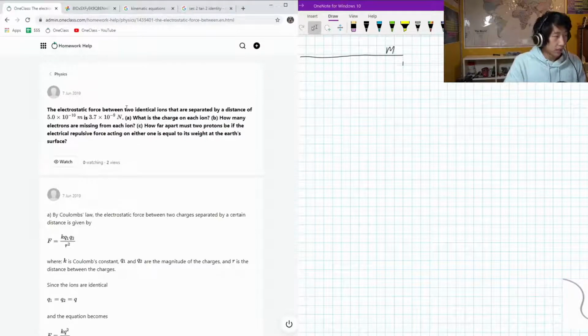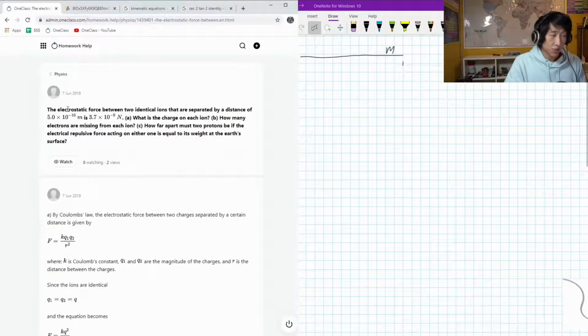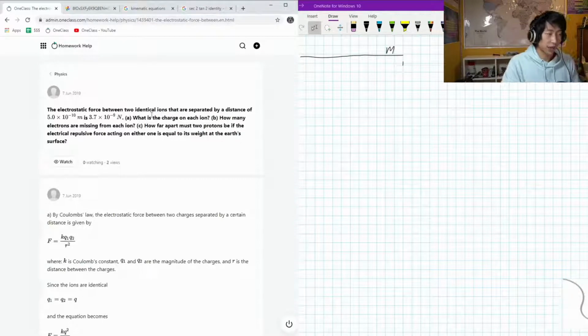Okay. So the next question that we have on the menu today presents the situation where we have two identical ions. Those are just charged items. The electrostatic force between two identical ions that are separated by 5 times 10 to the negative 10 meters is 3.7 times 10 to the negative 9 newtons.